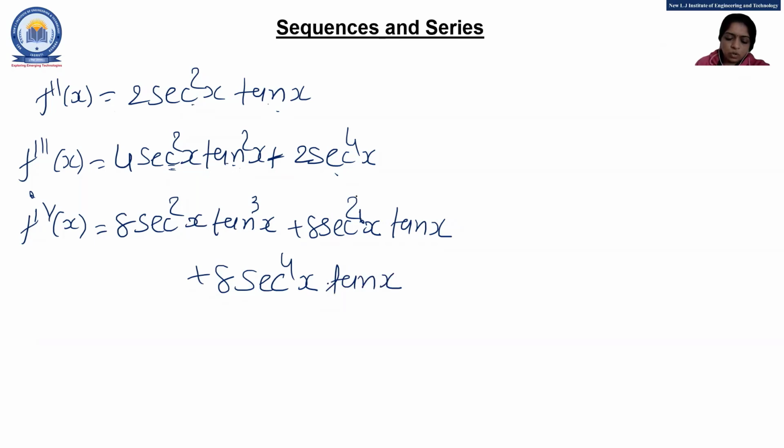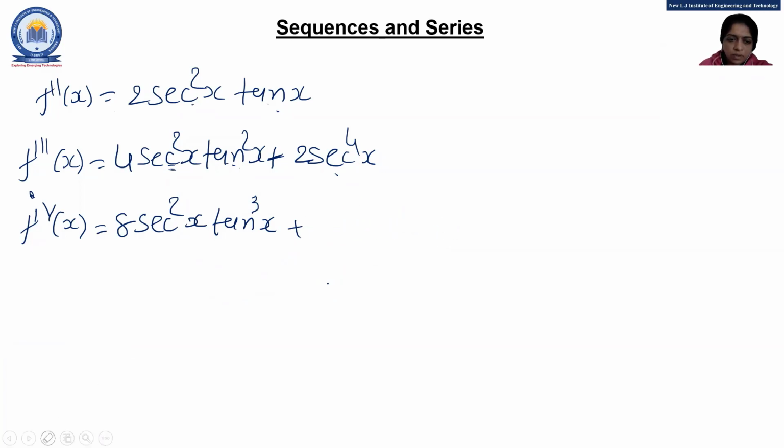So after simplification, the final derivative is 8 sec square x tan cube x and 16 sec raised to 4 x tan x.